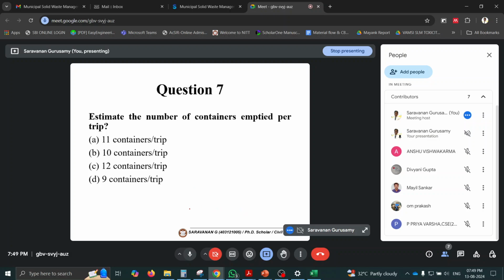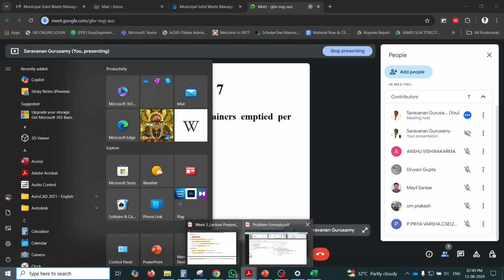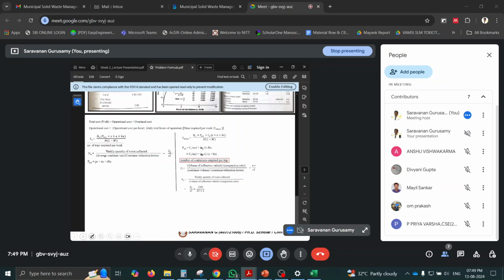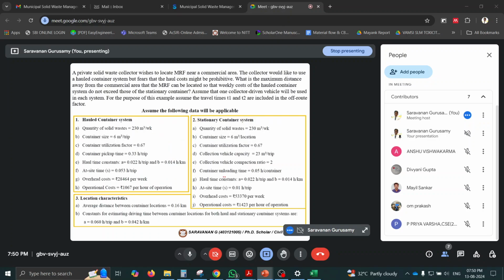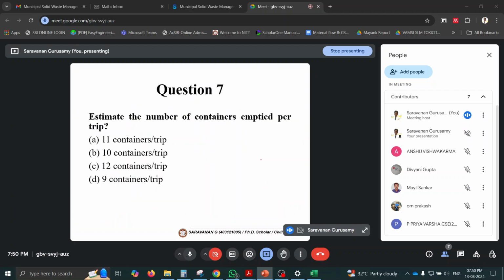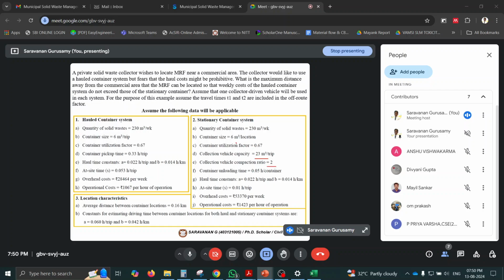We know the formula: number of containers emptied per trip equals the volume of the collection vehicle times compaction ratio, divided by container volume times container utilization factor. The volume of the collection vehicle is 23, the compaction ratio is 2, divided by 6 into 0.67.